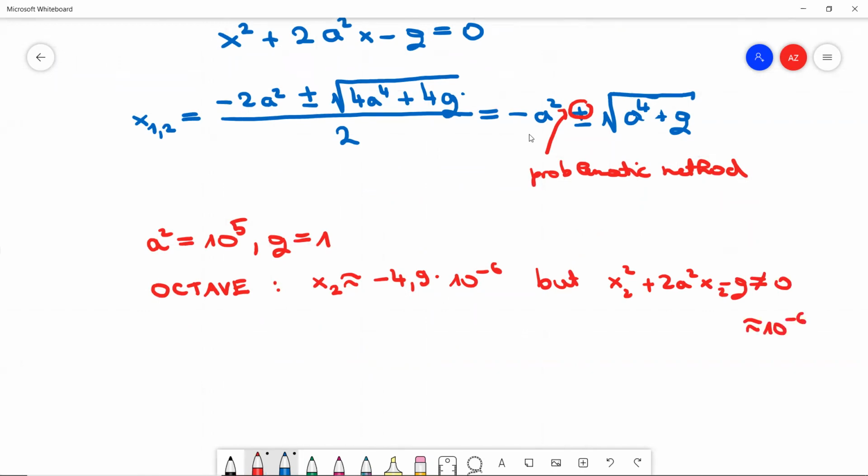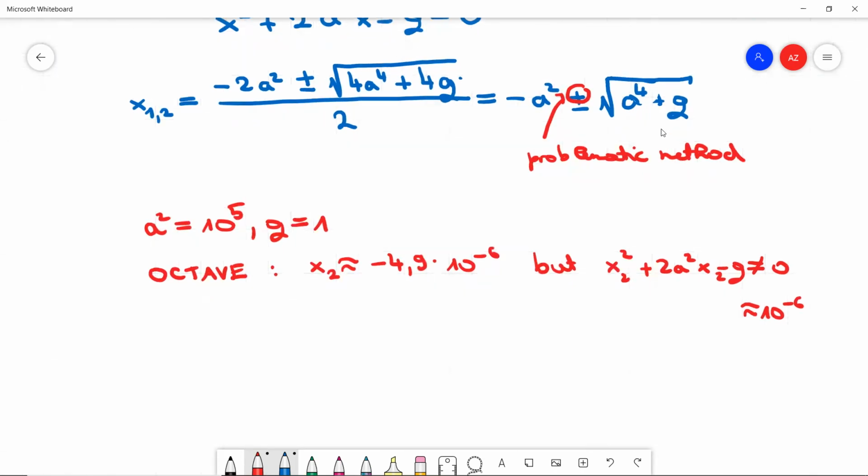So how to solve this? We will try to use another formula, another better model to calculate the solution. And one way is, so this one, minus a squared plus the square root of a to the power of 4 plus q. We would like to get rid of this adding of numbers which are almost the same.